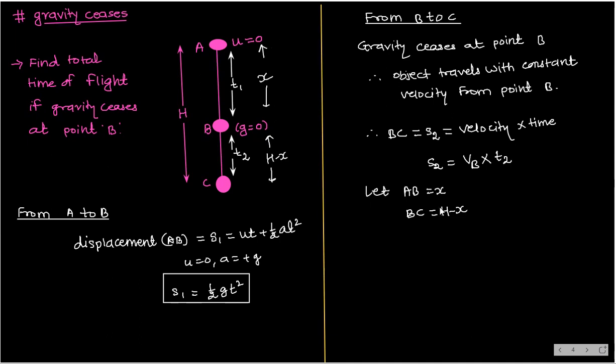Means S1 is x, right? Understand? Okay. BC is equal to h minus x, which is S2. Now, therefore, S2 is equal to v_B into t2, and therefore h minus x is equal to v_B into t2.